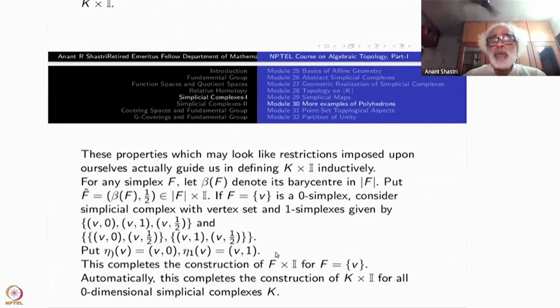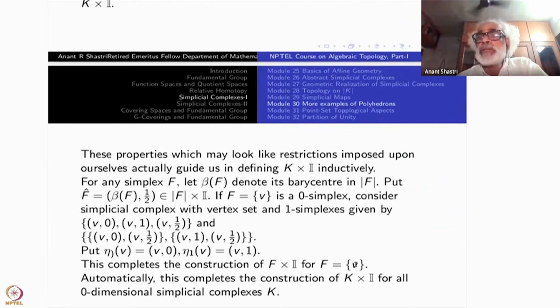Okay. Now, this completes the construction of F cross I when F is a singleton V. Since the subcomplex is empty, all those A, B, C, D, whatever I have demanded, are satisfied. So the construction for a singleton is over. As soon as you have constructed it for singletons, you take the union of all these things.